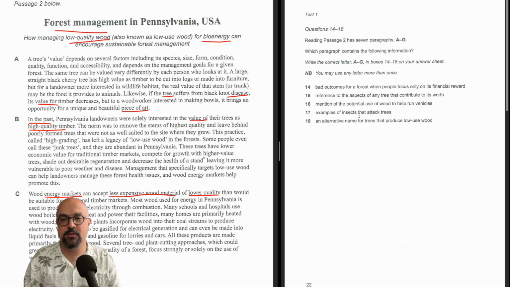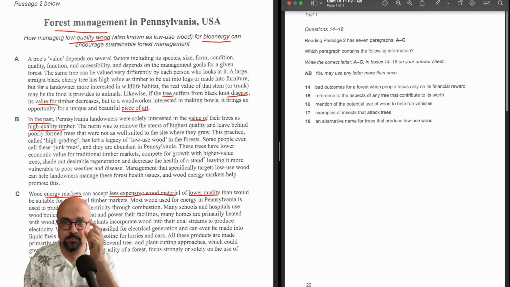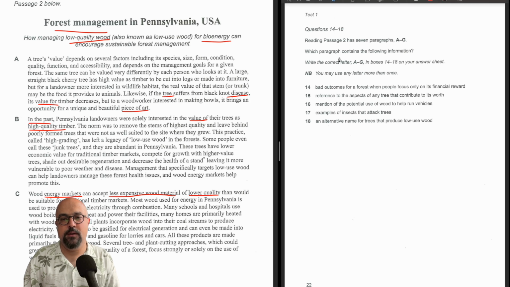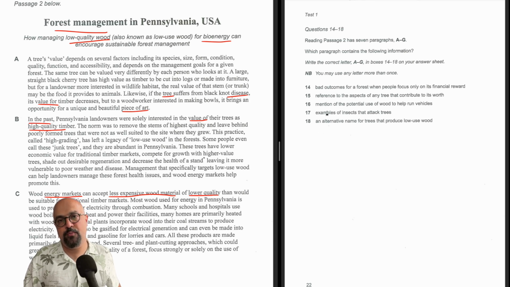The next step is to look at the questions that we have. From 14 to 18, this question type is what we consider a low priority question type that should be done towards the end of the test. So, which paragraph contains the following information shouldn't be answered first.